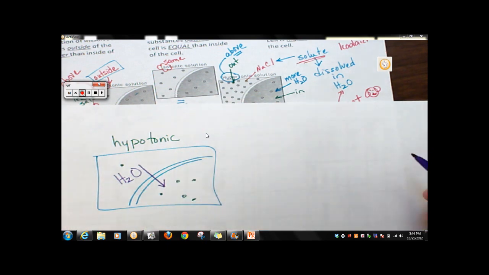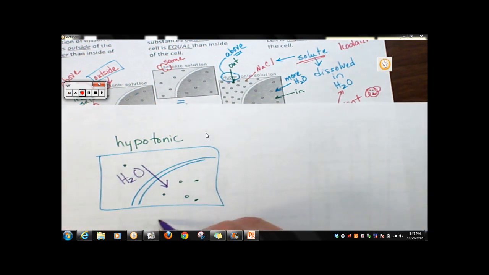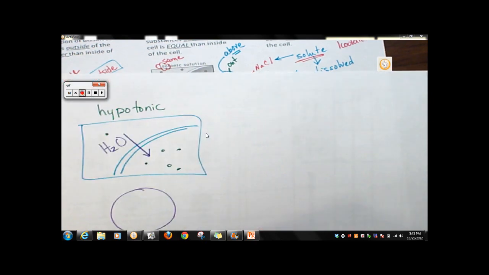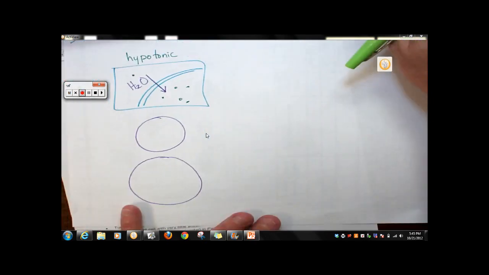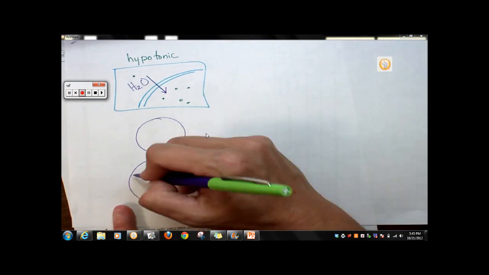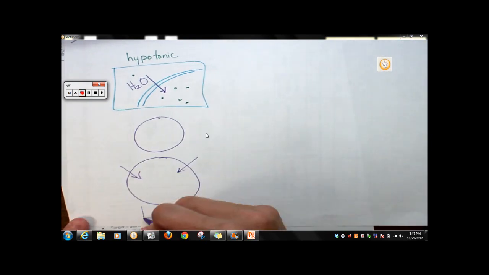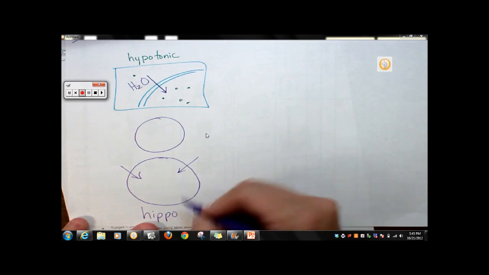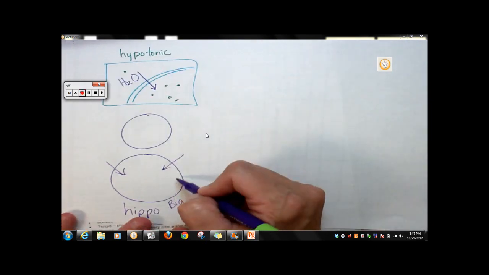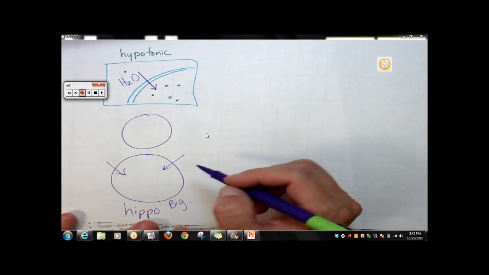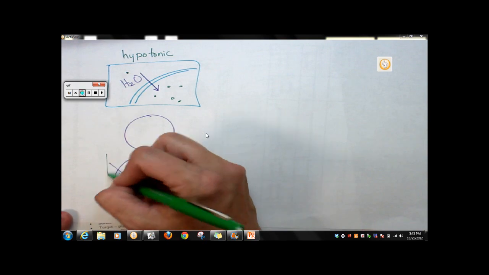Now when the water goes into the cell, it may have looked like this, but buddy, it's going to get really big as a result of that water going into it. It's going to swell up like a hippo. It's going to get big. Now in animal cells, they'll pop. Plant cells don't pop because plant cells have a cell wall around them.